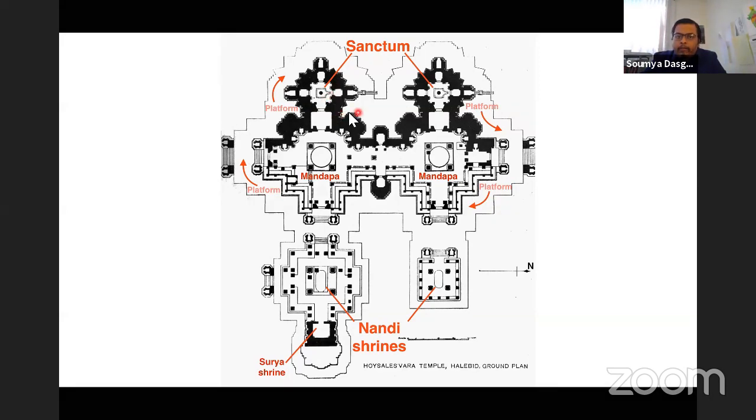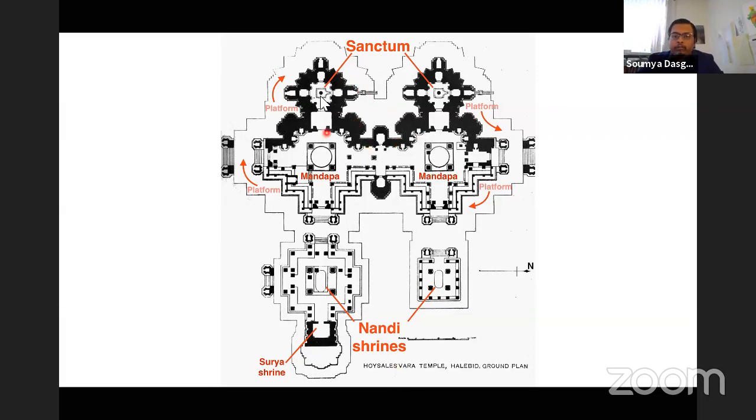Yeah, you see how the square has rotated and almost made a star-like structure, which you do when you use the Rhino and Grasshopper codes. If you make further iterations, you rotate the square and rotate it and rotate it, and it becomes like a star. So that is what happened with the Hoysaleswara temple in Halebidu.